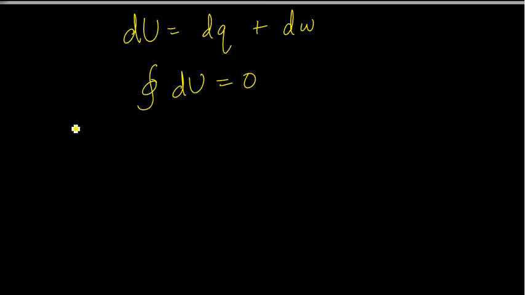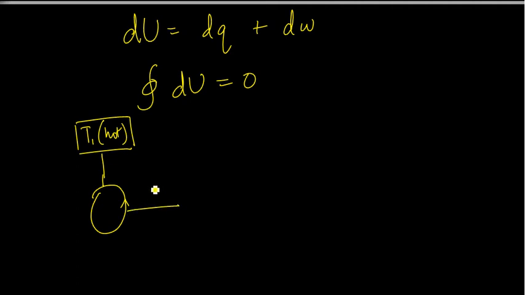So the way I could depict is that, let's say we have a hot reservoir from where I can take out heat, which is at temperature T1, it's hot. And this is my system, which is doing some sort of a cyclic work. Okay, and then I want to extract work out of it.